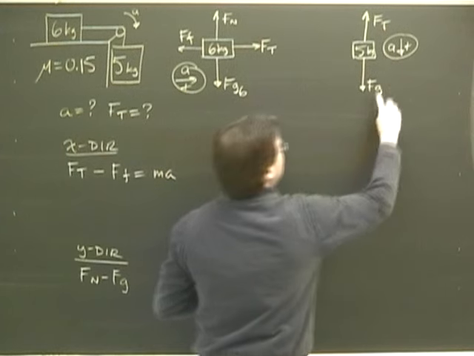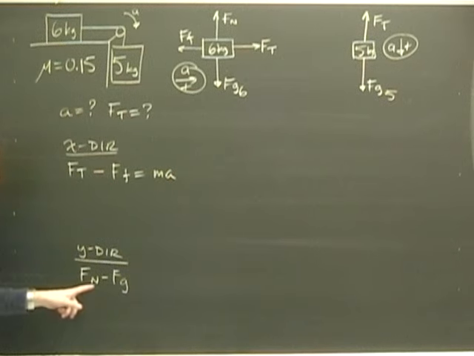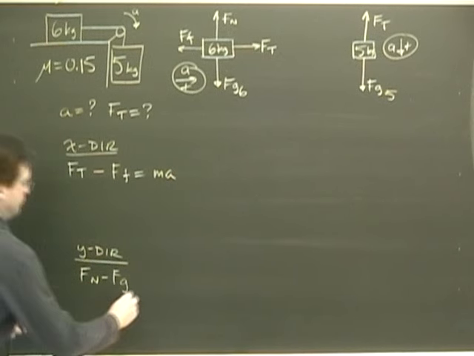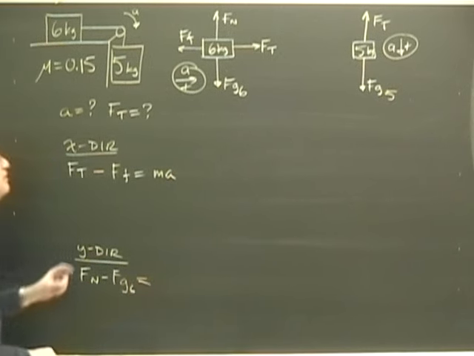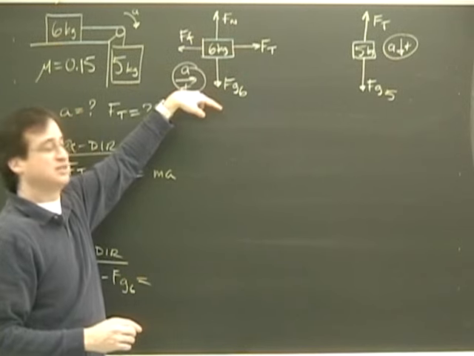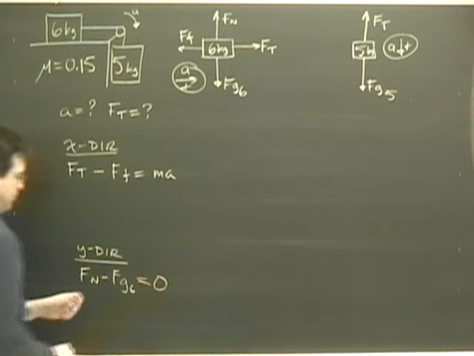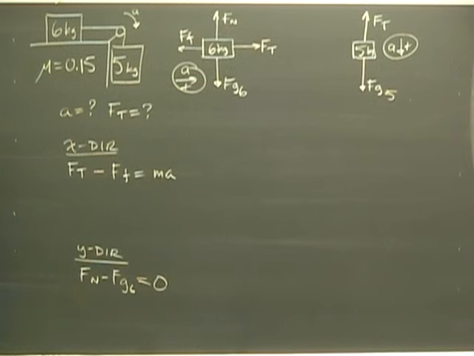So I'll put a little 6 there, and force of gravity for the 5, I'll put a little 5 there. Fn minus Fg for the 6 equals, and in this case, it's accelerating this way. So up and down, there is no acceleration. So this and this are going to add up to 0. So if I ever need Fn, I've got the information to get it.